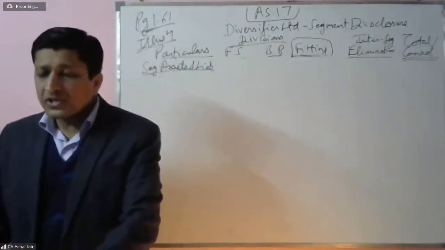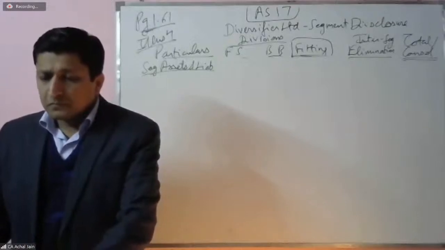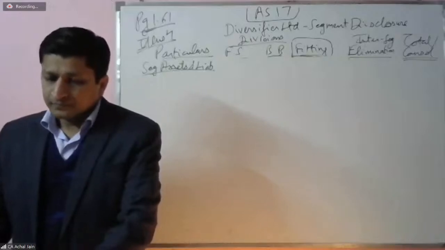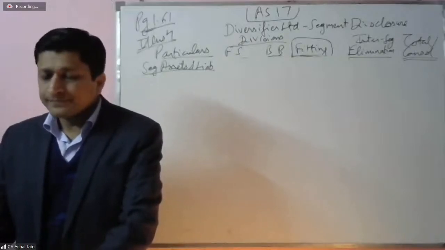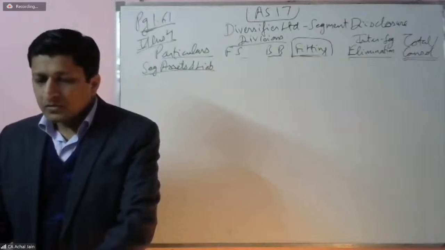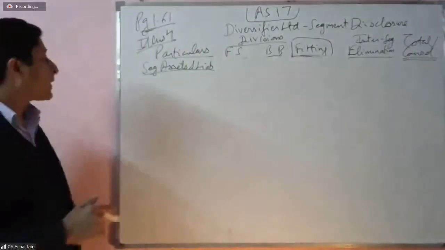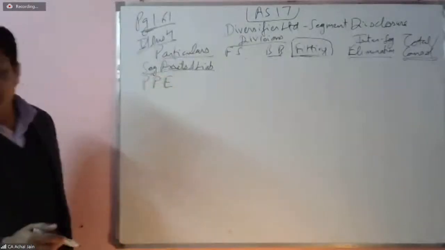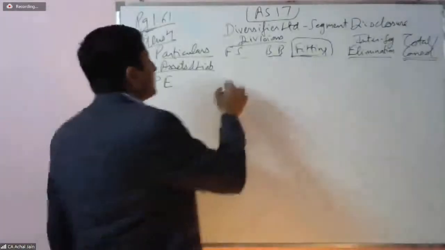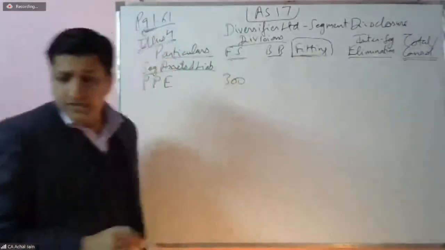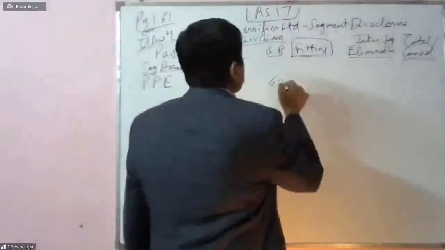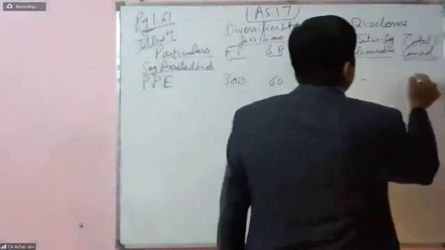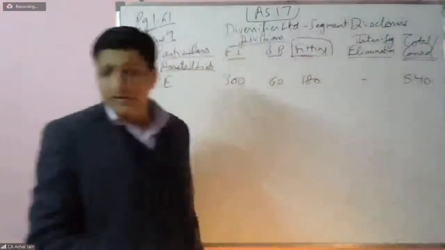We have some information available in the question. First is about the fixed assets. Though this terminology is changed now, PPE is what we call it. 300 is for first division, 60, 180. There is nothing which is intercompany. So I think this is 540.